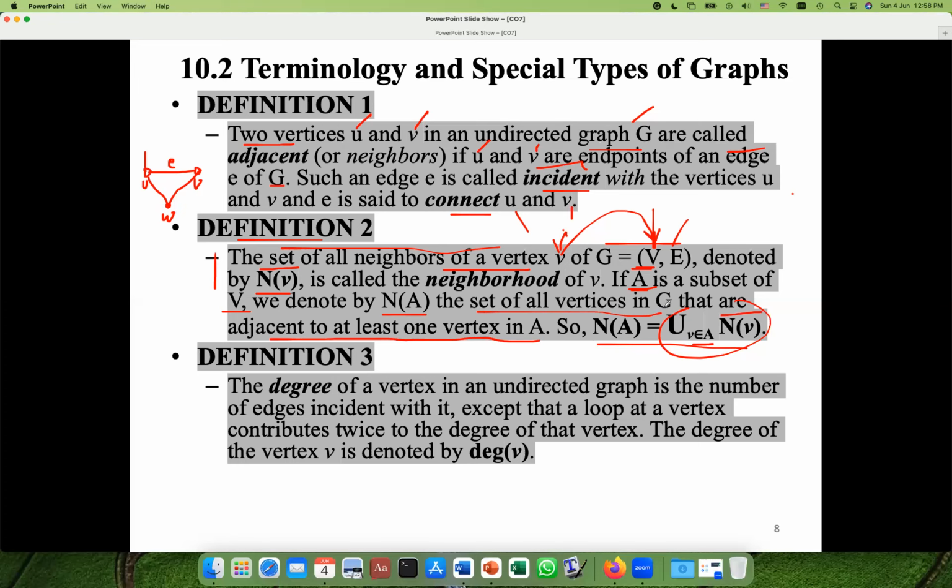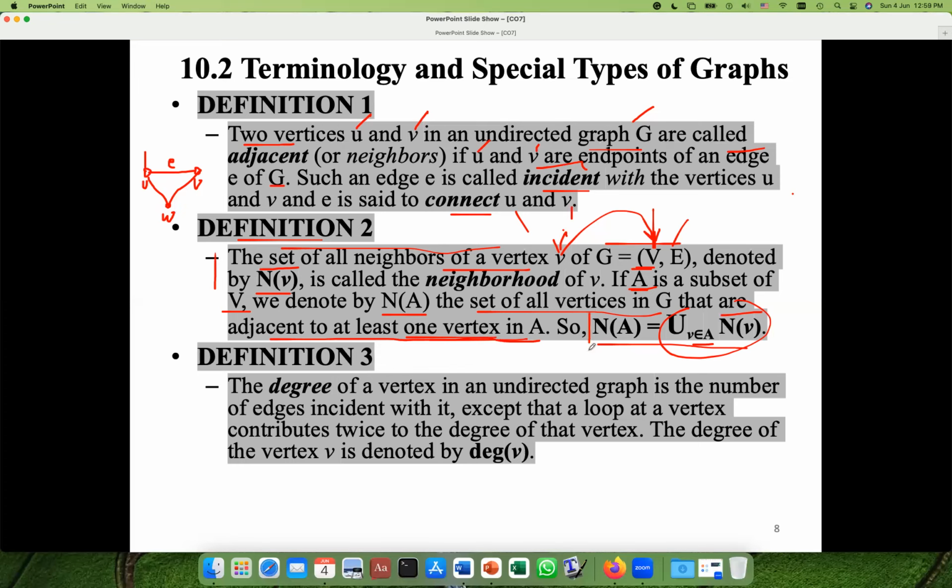The set of all vertices in the graph, excluding those 3, the remaining 7 you can say, because those 3 have connections with those remaining 7. So the set of all vertices in the graph that are adjacent to at least one vertex in A. In A, we have 3 vertices. The other remaining vertices will have a connection with at least one. More is possible, but at least one.